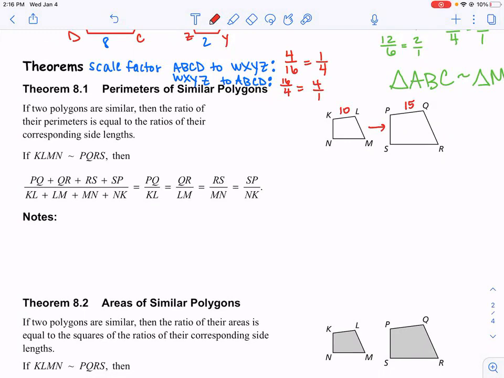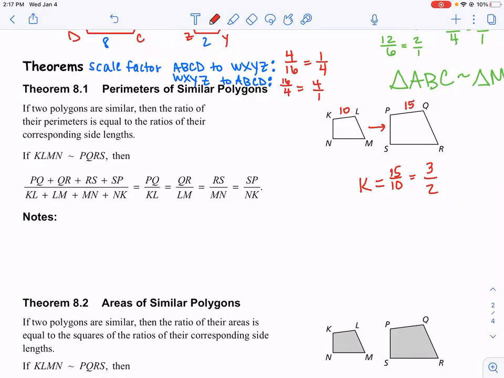What would our scale factor be? 15/10, which is 3/2. And we're gonna leave it as 3/2.